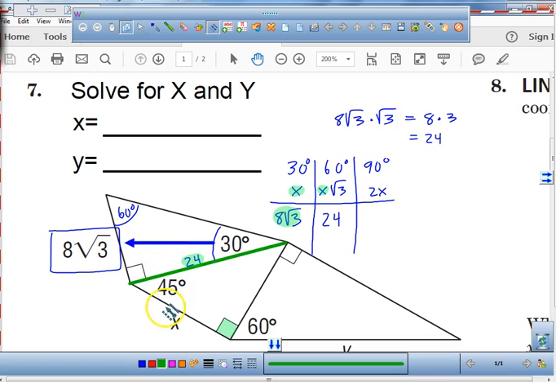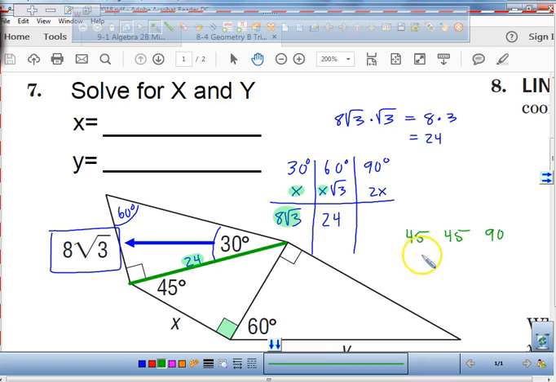So now what kind of triangle do I have now? 45. That's right. Practice it, right? 45, 45, 90, x, x, x radical 2. Now remember, where is that 24? That 24 is across from which angle? 90. So you put 24 right here.